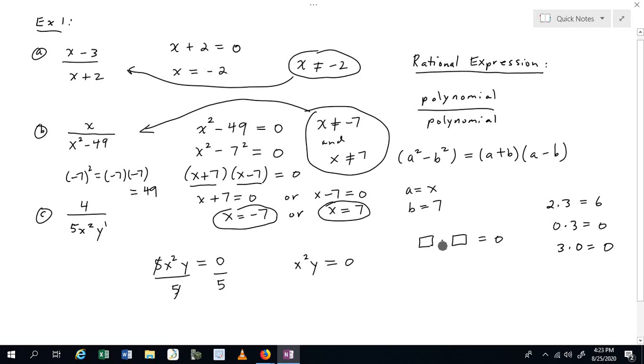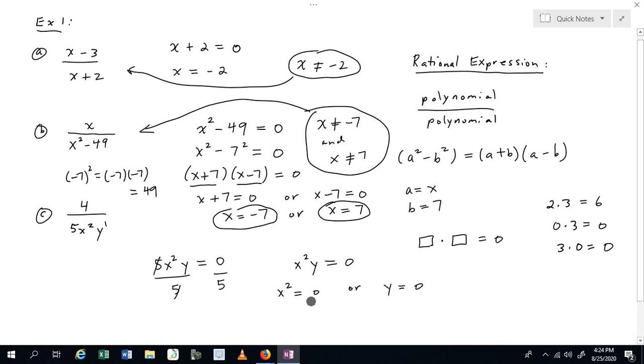And now we're left with the same situation that we had here. X squared is some number, and y is some number. So I'm multiplying two numbers together, and I'm getting 0 out. So that means one of these two has to be 0, either x squared or y.